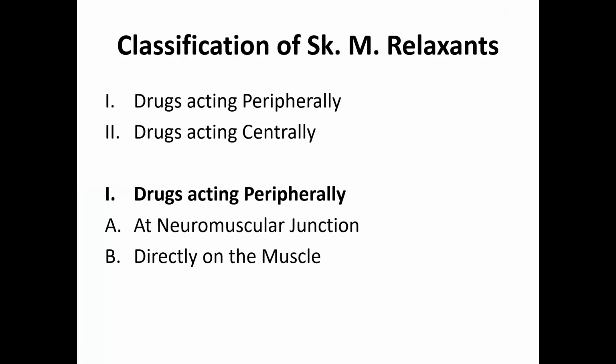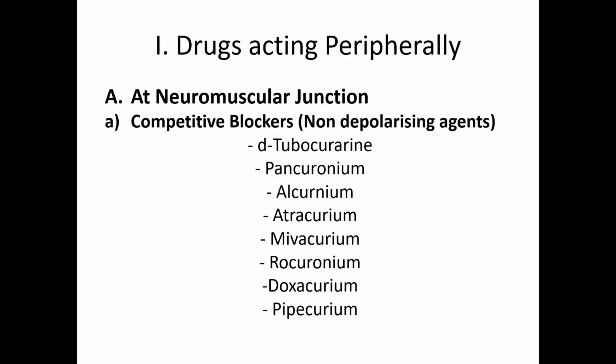Coming to the classification of the skeletal muscle relaxants, they are broadly divided into drugs acting peripherally and drugs acting centrally. The drugs which act peripherally are again divided into two types: the drugs that act at the neuromuscular junction and drugs which act directly on the muscle.